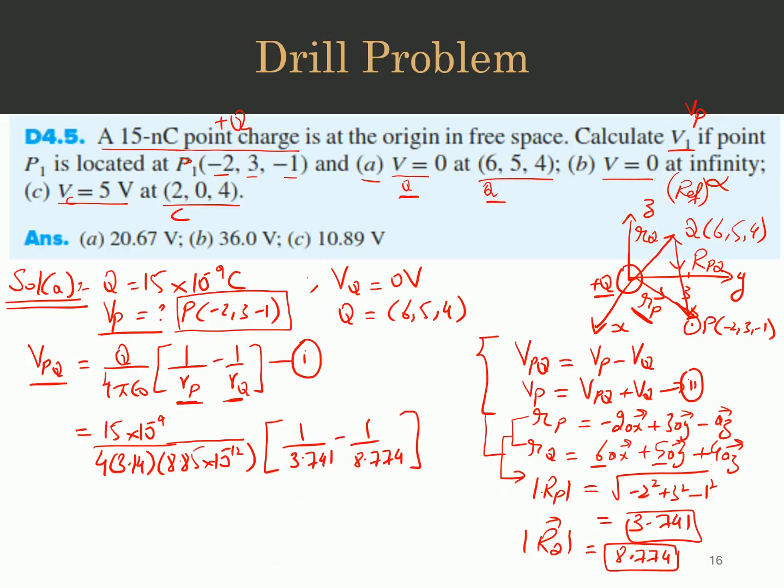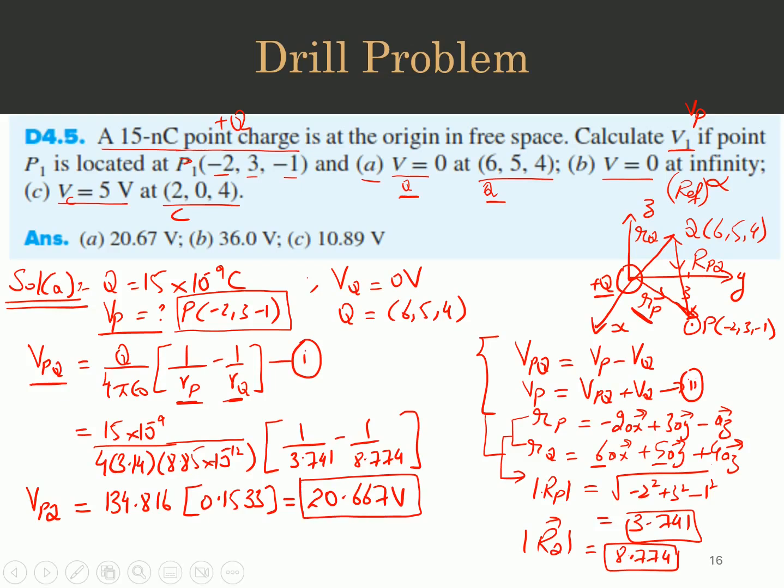So this is the equation that is being formed, and once you solve this, the potential difference VPQ comes out to be, the first portion is 134.816, and everything inside the bracket solves to be 0.1533, which means the final answer when you multiply these two terms is 20.667 volts.